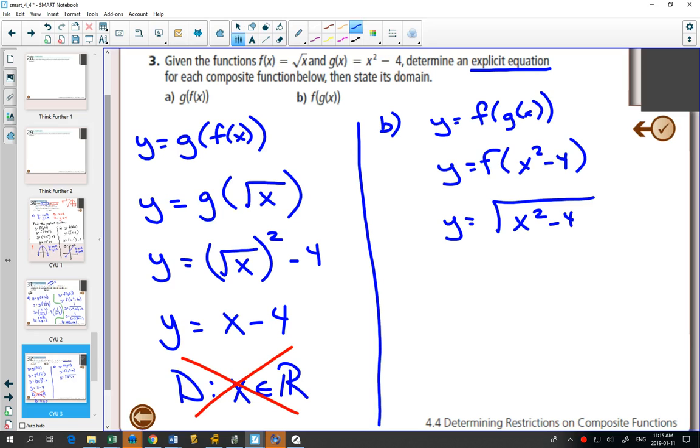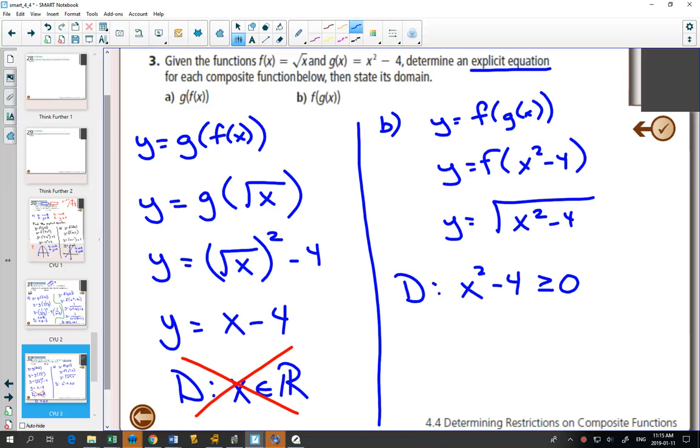What do we know about domain? The inside of a square root has to be bigger than or equal to 0, so the x squared minus 4 has to be bigger than or equal to 0. And what we did earlier where we were practicing from grade 11, solving inequalities, this is where it comes into effect.